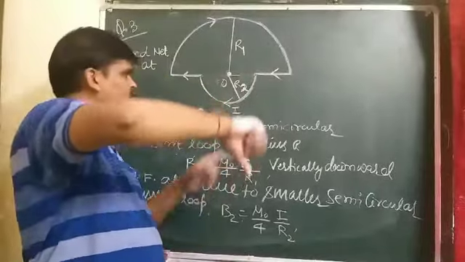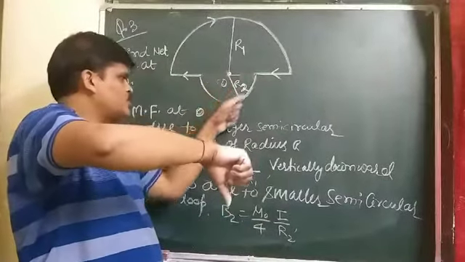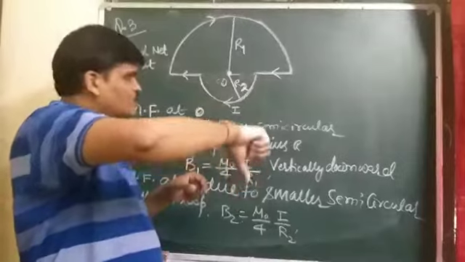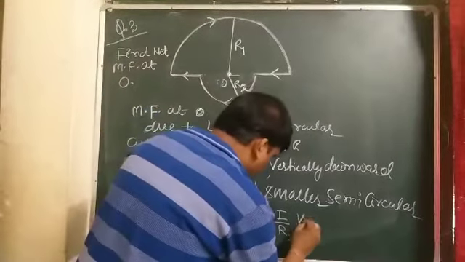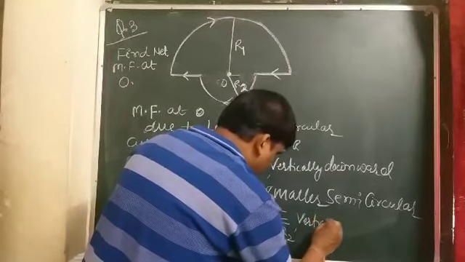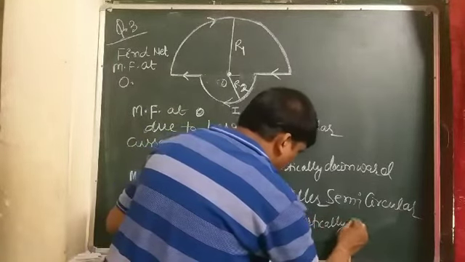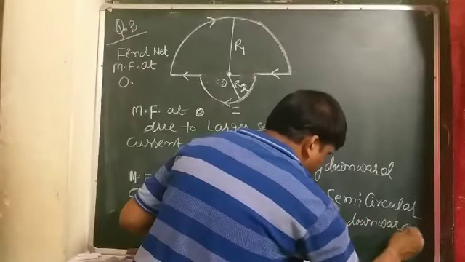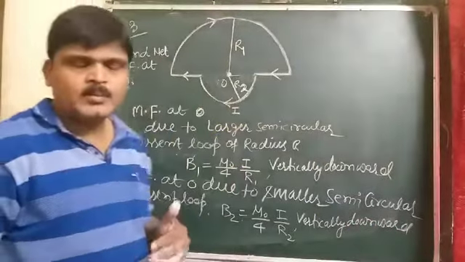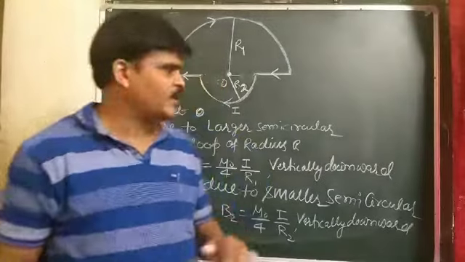So the direction of the magnetic field at the center due to the smaller semicircular current loop is also vertically downward. And we know that magnetic field is a vector quantity.